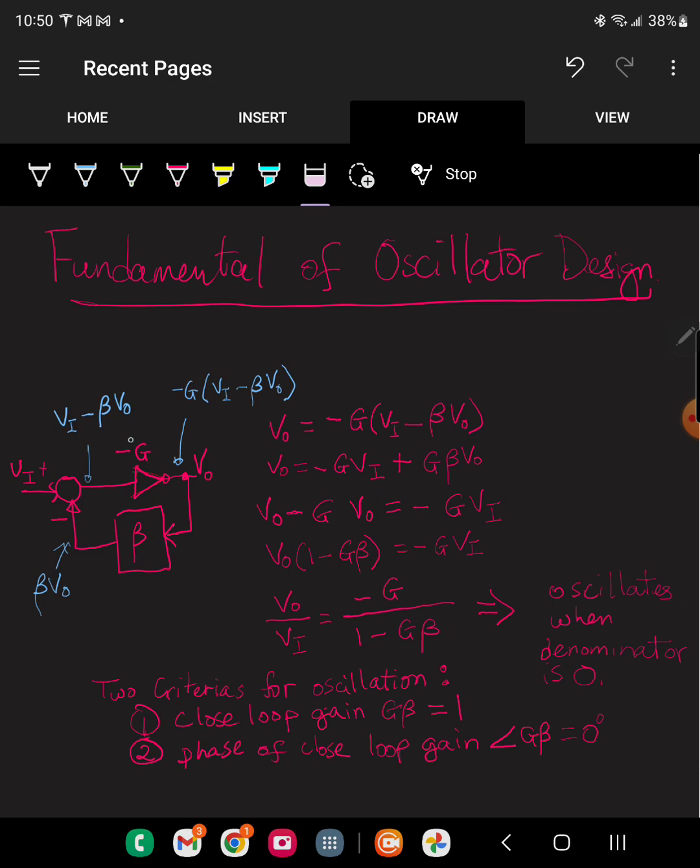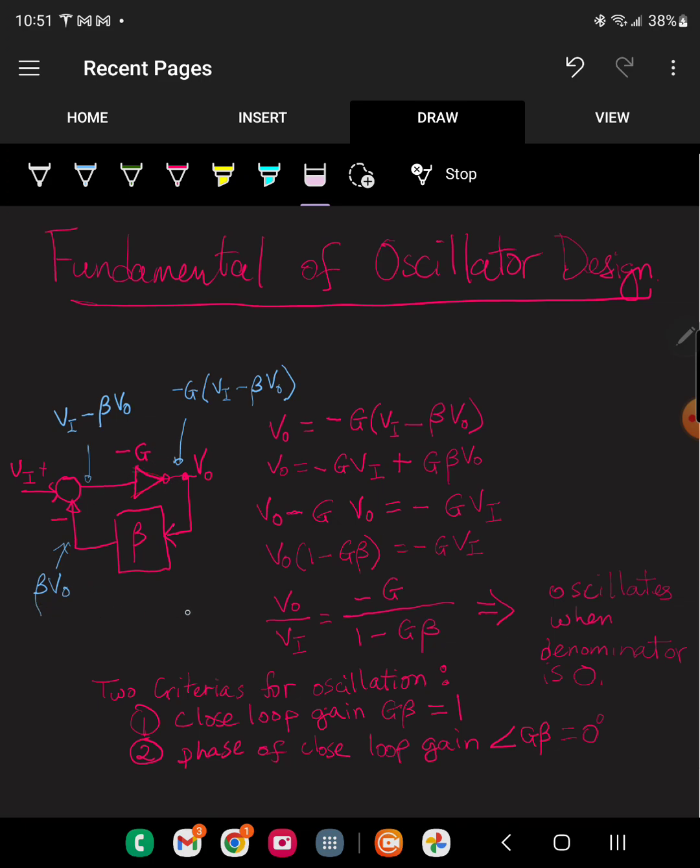So we have a negative G. That means it amplifies the signal and also changes the phase from 0 degrees to 180 degrees. That's what an inverting amp is. And then at the output, we feed through a feedback network called beta. And because it's an inverting amp, we have to subtract. Okay, so that's the classical feedback loop amplifier.